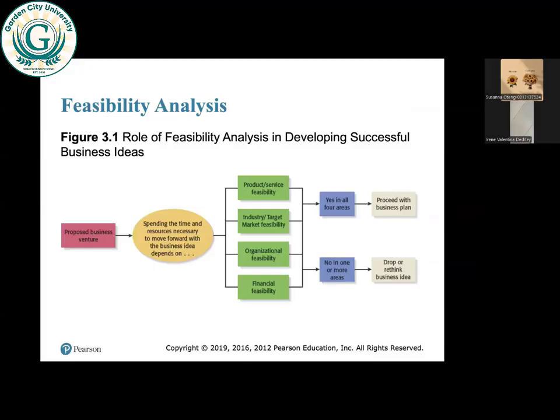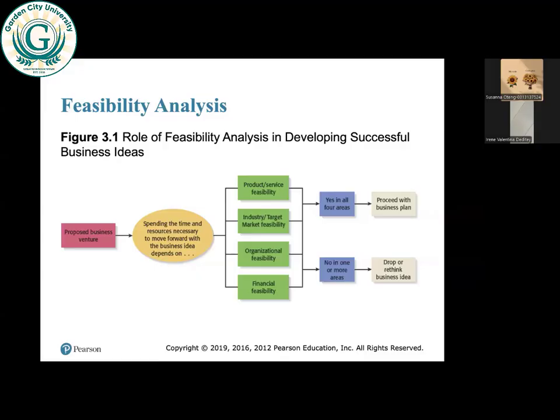Organizational feasibility. 4. Financial feasibility. And then you could arrive at yes in all 4 areas, or no in 1 or more areas. When you arrive at yes in all 4 areas, it will lead you to proceed with a business plan. But if you arrive at no in 1 or more areas, then you drop or rethink the business idea.